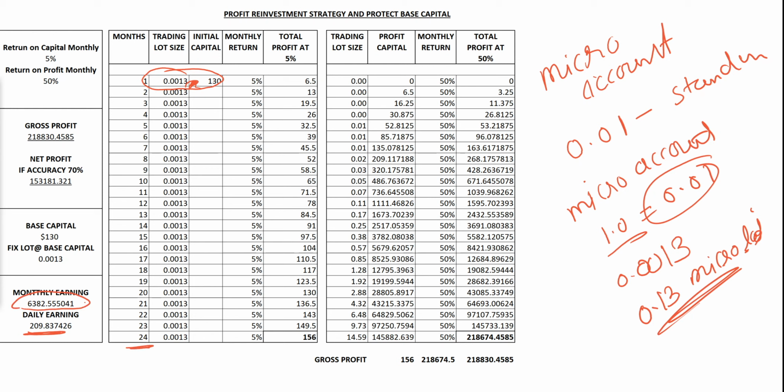As you can see, at the end of the 24 months, using a profit reinvestment strategy, your daily earning would be $210 and the monthly earning would be $6,382. That's a pretty good amount. Your initial capital return would be $156 only, but what will help you is the total profit, the 50%. You can see the 218k, that's 0.2 million, and even on a 70% accuracy, it's 0.15 million dollars.